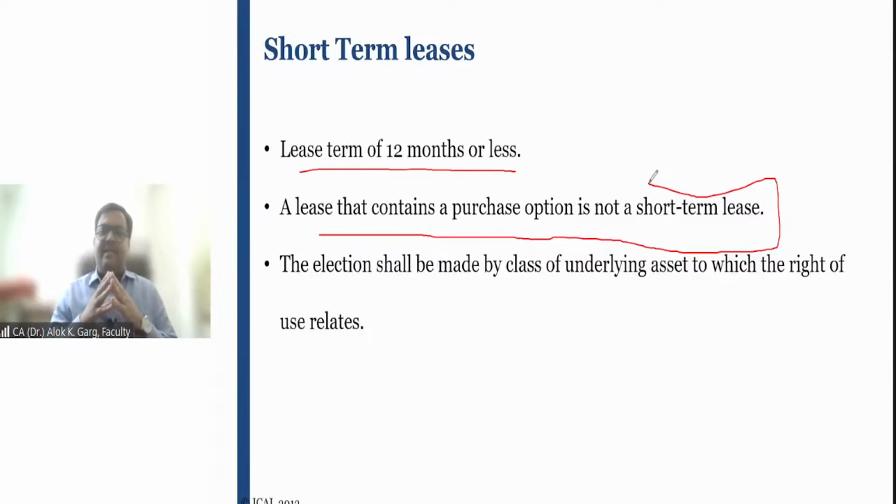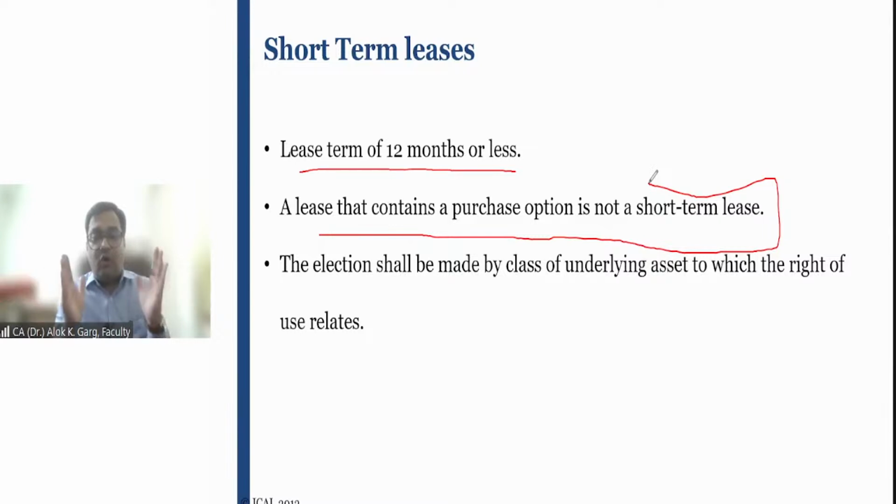Sir, let's say a lessee has entered into a lease contract for 12 months and a right to purchase option is also given in the lease contract. What does it mean? If the lessee is reasonably certain that he will avail the purchase option, then you remember your lease payment not only includes the lease rentals, it also includes the exercise price of the purchase option.